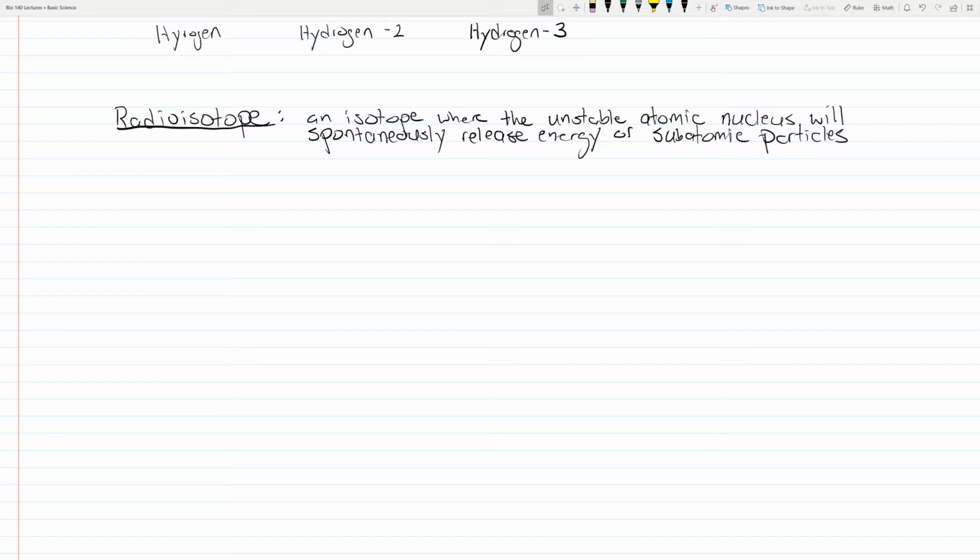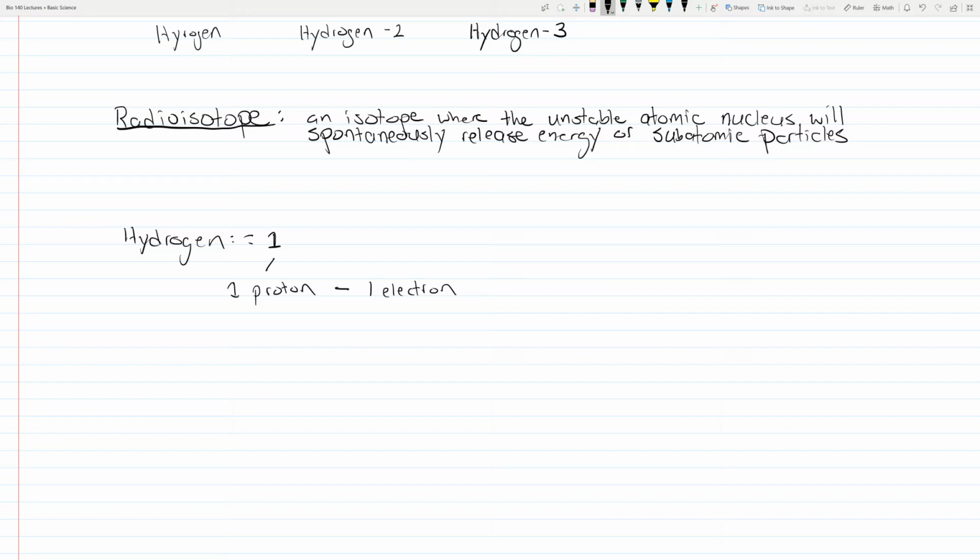So let's take hydrogen, for example. We know the atomic number for hydrogen is 1. That means we have 1 proton. This also means that we have 1 electron. So now, where does the electron go in our model?